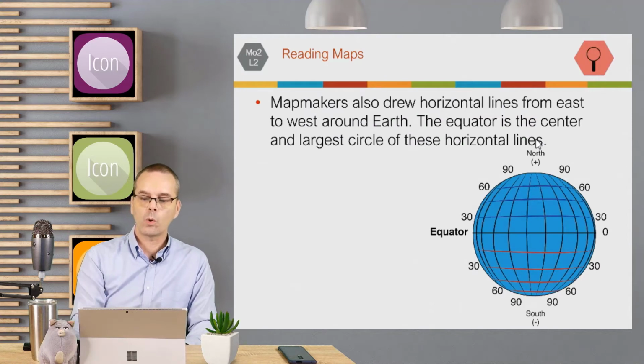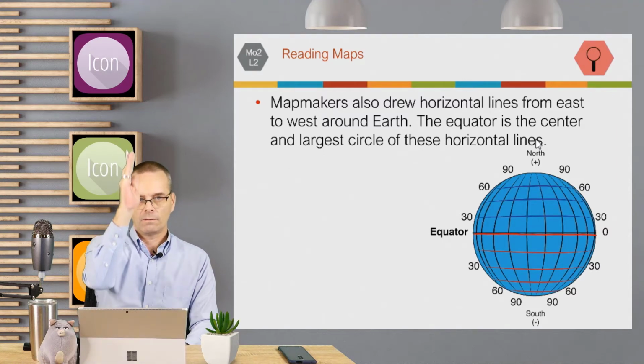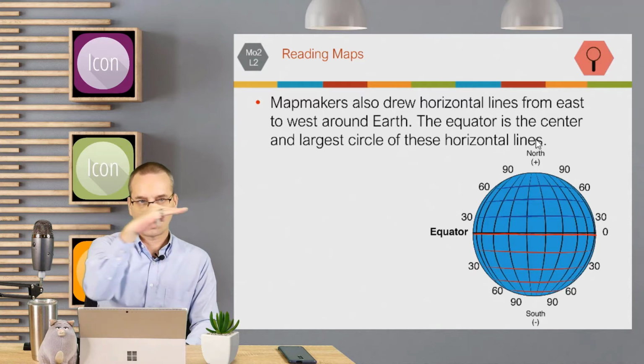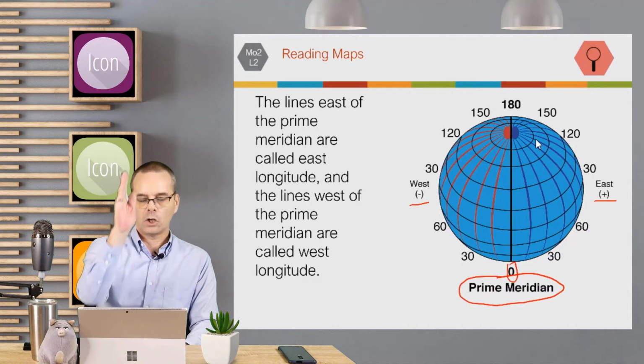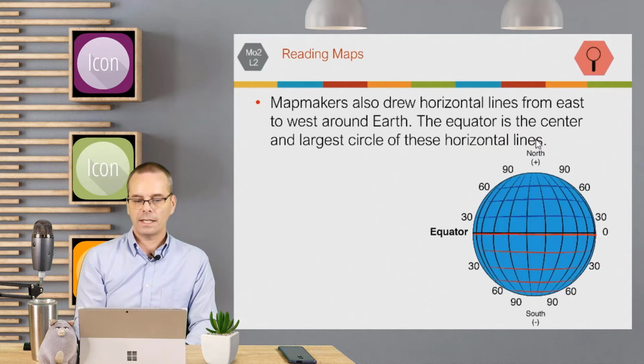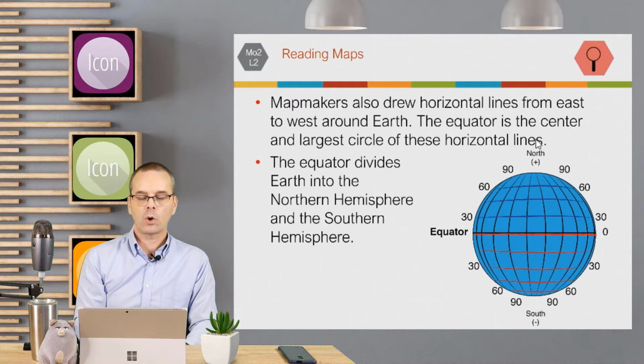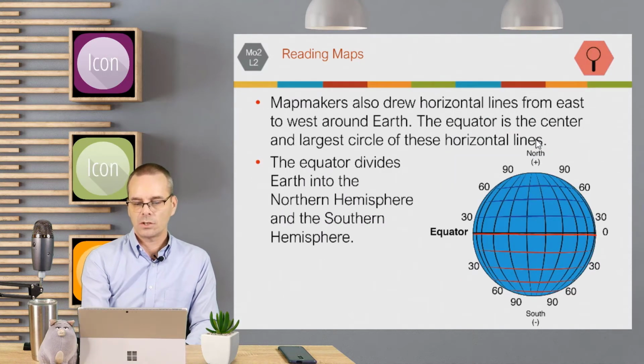They also drew horizontal lines from east to west. So again, longitude is vertical and latitude is horizontal. You have the equator, which is 0.